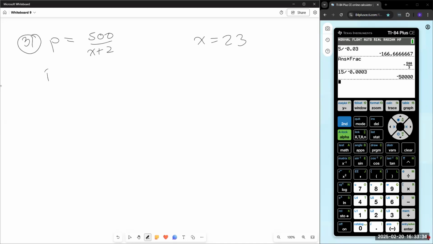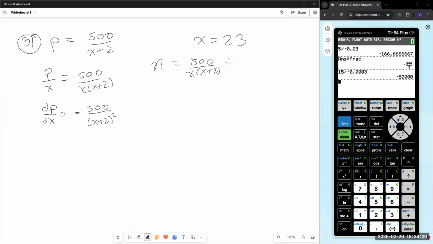So P divided by X is 500 over X times X plus 2. I'm just going to leave it that way. And dP/dx is going to be negative 500 over X plus 2 quantity squared. So eta is going to be 500 over X times X plus 2 divided by negative 500 over X plus 2 quantity squared.